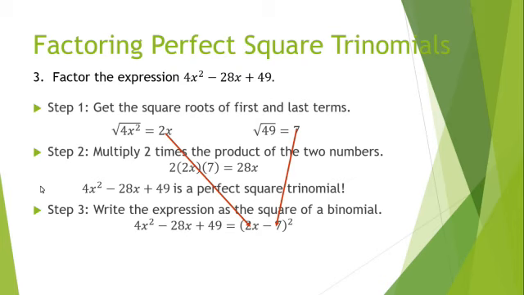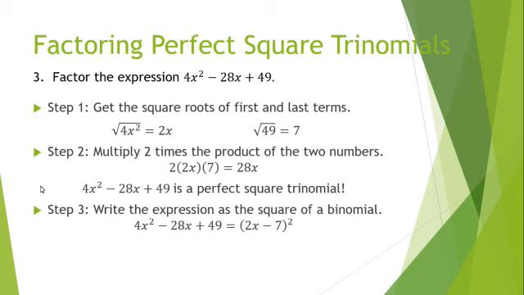Notice where 2x and 7 came from. Also, take note of the signs. Since the sign of the middle term of the given is negative, the sign between the terms of a binomial is also negative. Hence, the answer should be 2x minus 7 quantity squared.